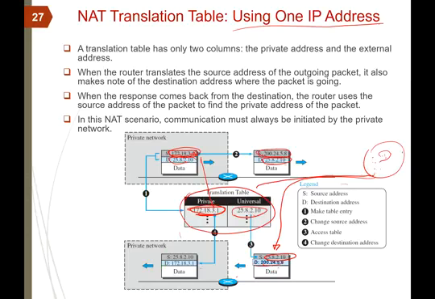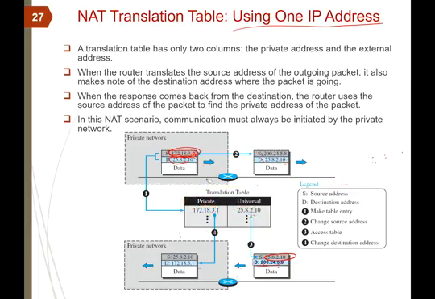In this scenario, the problem is that at any time only one device can connect to the internet, because you only have one public IP. So if two devices want to communicate to the internet at the same time, you have one IP, you have to offer it to one of them, and the other one will wait until there is time.